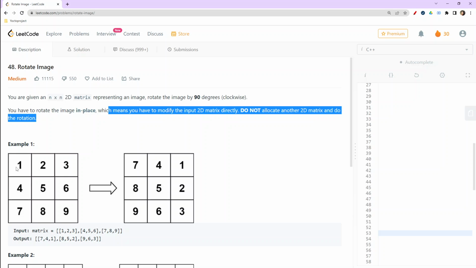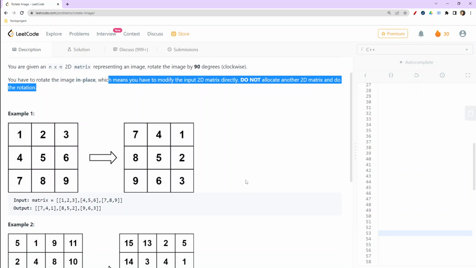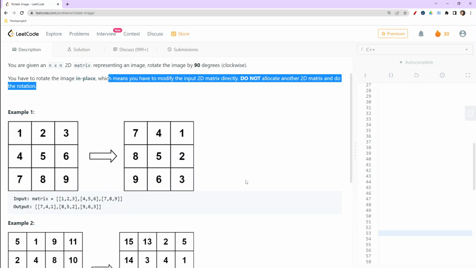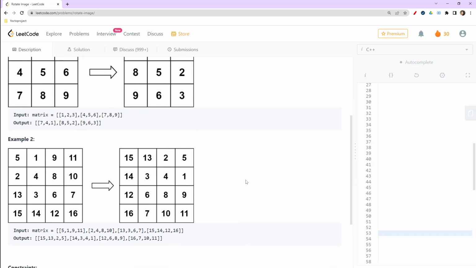The one which is at the left at the starting will be at the right, and the first column will become the first row. Like this I was trying to come up with some solution, but I failed in that. So I'll show you what exactly the solution is for this.